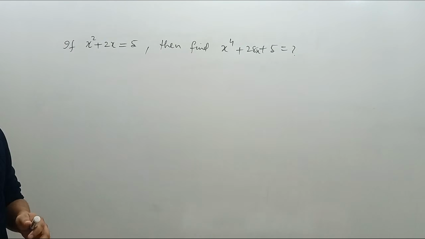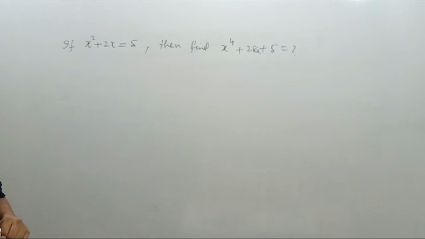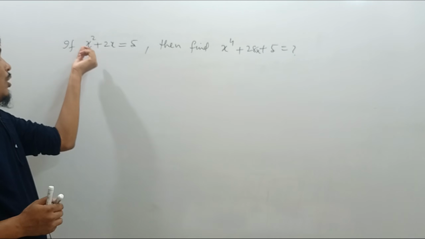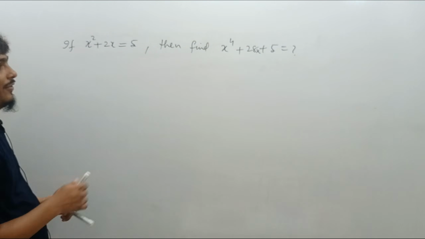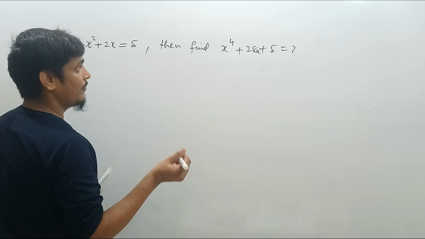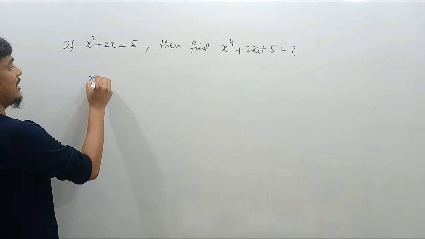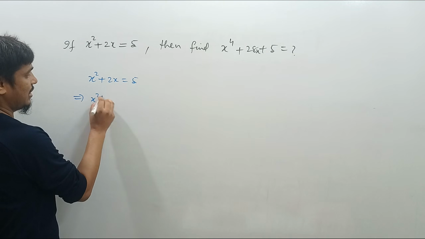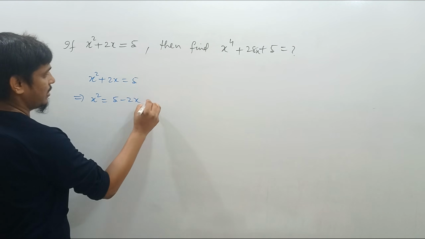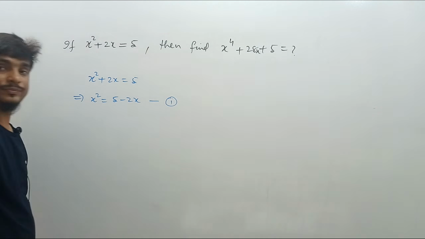So such kind of question will be solved with the help of method of reduction. What we'll do, we'll try to write x square in terms of x and then with the help of that we can further simplify the values for the given polynomial. So x square plus 2x is equal to 5. Can we write this as x square is equal to 5 minus 2x? This is the first equation.